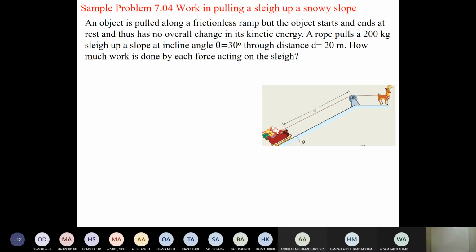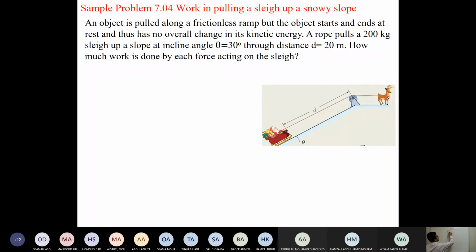But I will be going with one of them, putting this close to what we have learned in chapter 5 and 6. So suppose this is the sleigh, and the sleigh is pulled up along the track by this rope, and there is a tension force in that. We also know that there is the weight of the object, which is downward.